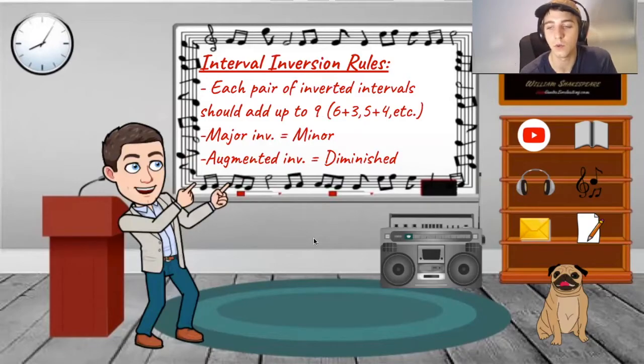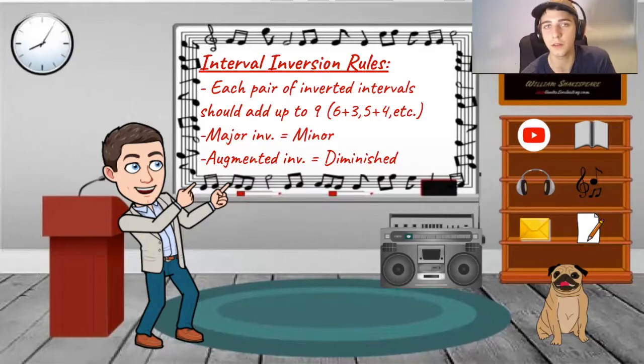And so when we have a pair of interval inversions, they both should add up to 9. So you'll see sixths are always inverted into thirds, fifths are always inverted into fourths, et cetera, et cetera. When we invert a major interval, we have to turn it into minor.